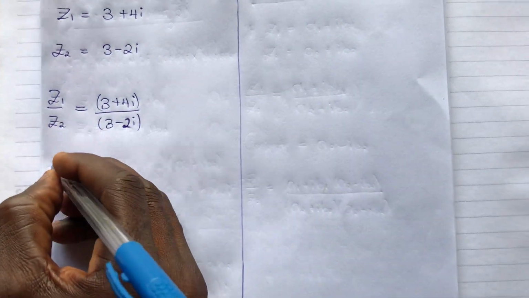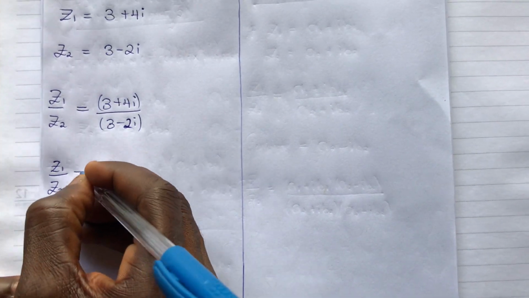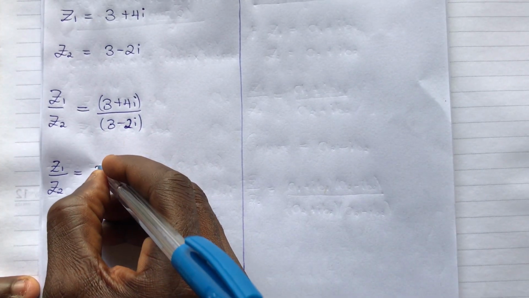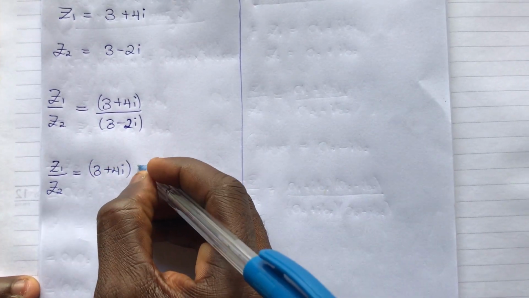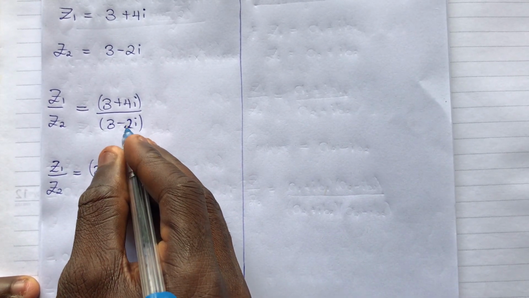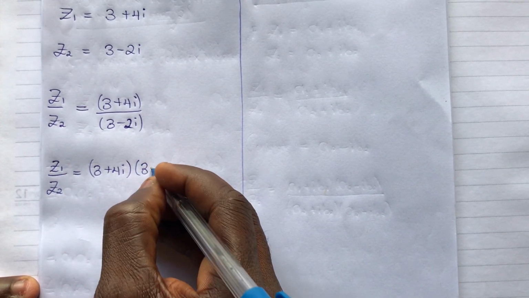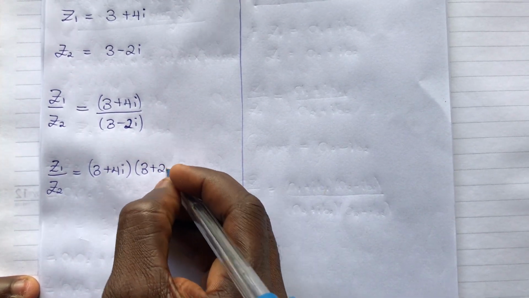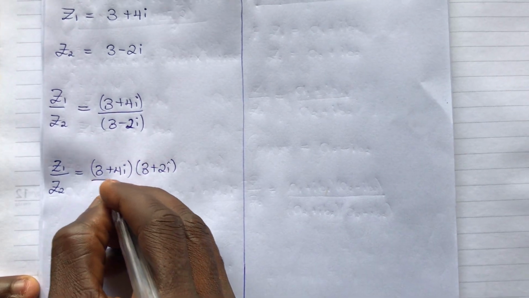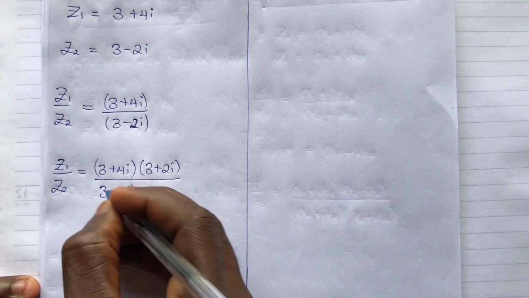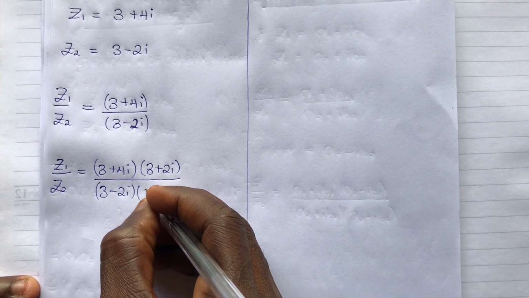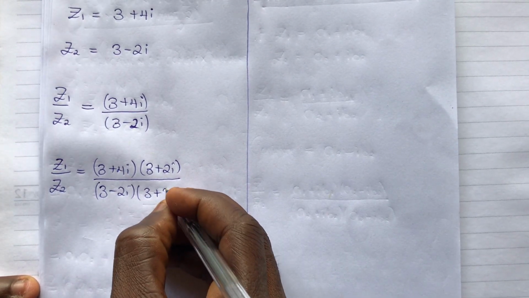We use the result to multiply, and we have z1 over z2 giving us 3 plus 4i multiplying the conjugate, 3 plus 2i, all over 3 minus 2i multiplying the same thing, 3 plus 2i.